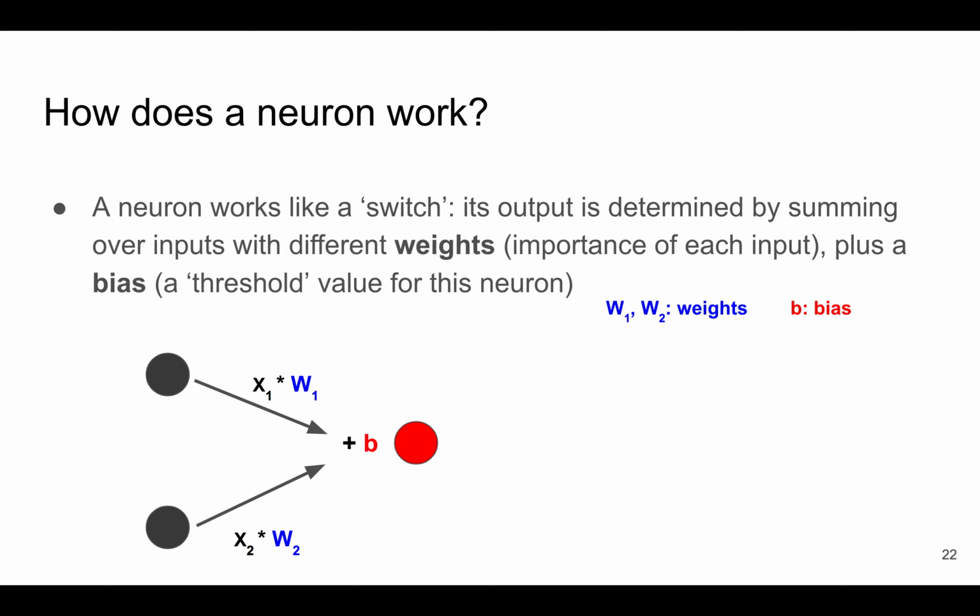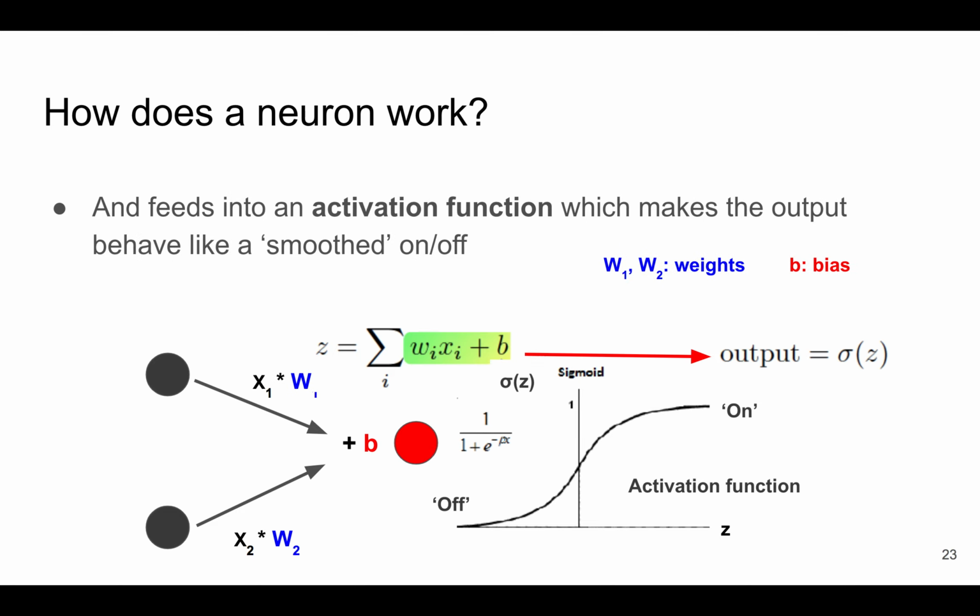Then it adds a bias term b, which serves as a threshold value for this neuron to be activated. And it feeds the information summed, sum of w_i x_i plus b, into an activation function denoted by sigma(z) to get the output. The shape of a typical activation function looks like the one shown on this slide, which looks like a smooth line with two states, on and off.